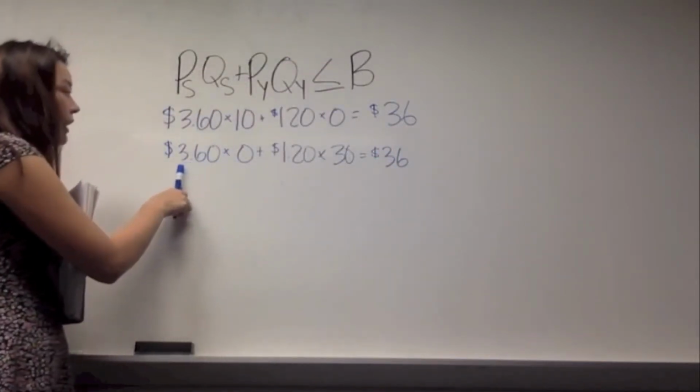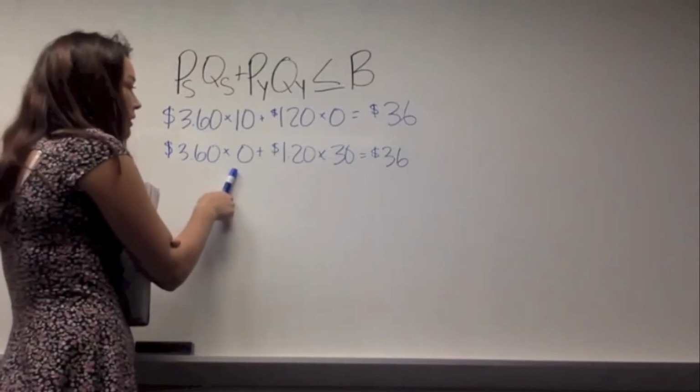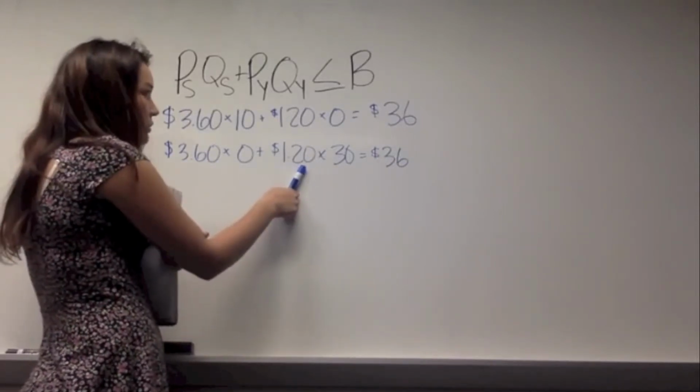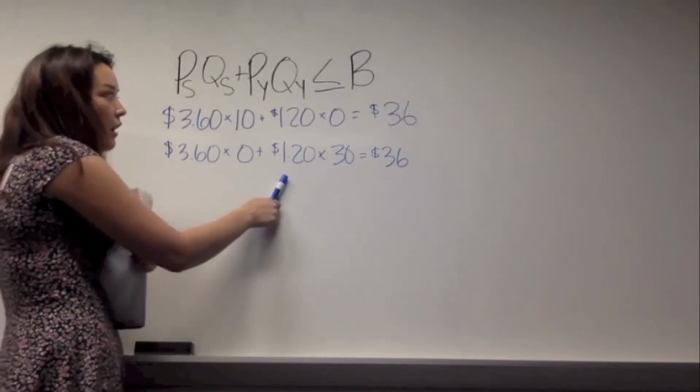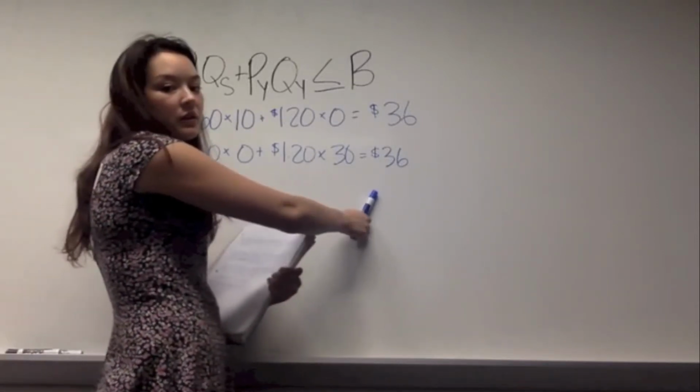So you would multiply $3.60 times 0 and $1.20, the price of yogurt, times 30, because that will give you the maximum amount of yogurt you could buy within your $36 budget.